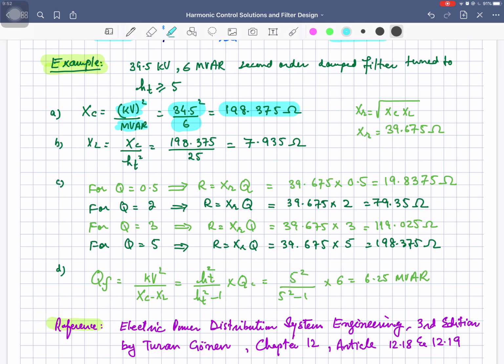So capacitive reactance will be this one. Now the inductive reactance for the fifth harmonic, HT is 5, so that will be 25, so that should be 7.93 ohm. And then calculating the resistance for different quality factors, 0.5, 2, 3 and 5. So this comes out to be this one. As your quality factor increases, the required resistance will increase. So the power loss will be increasing.